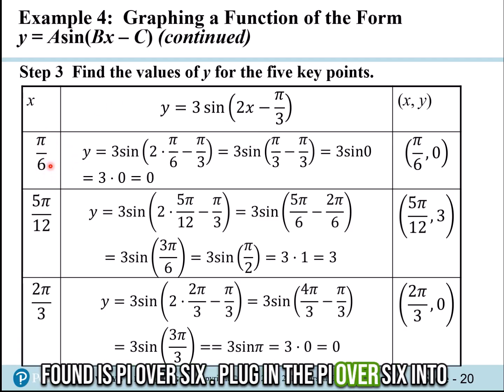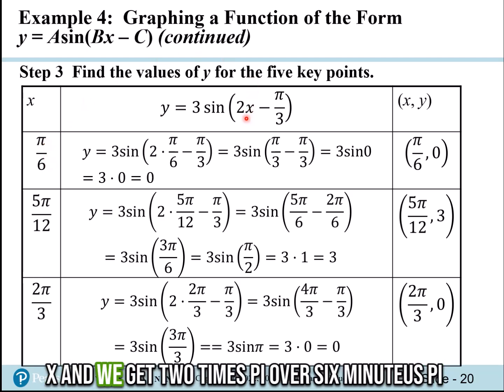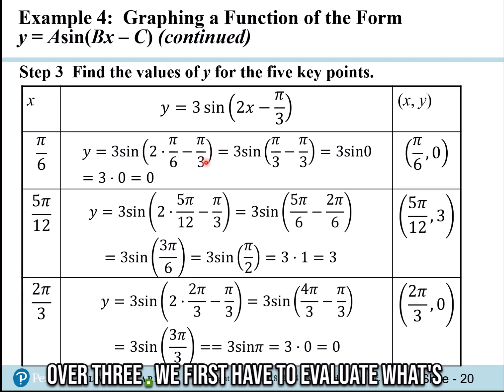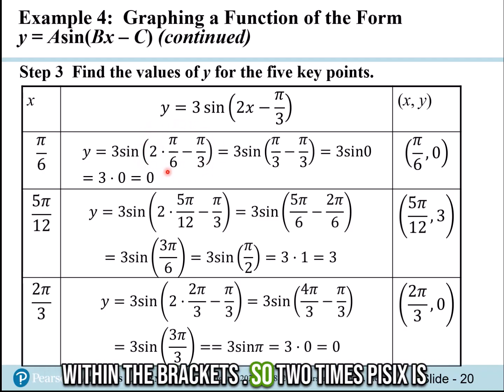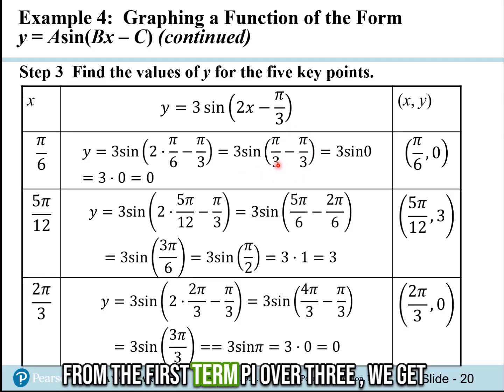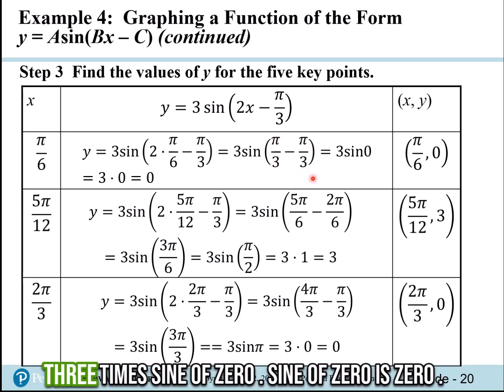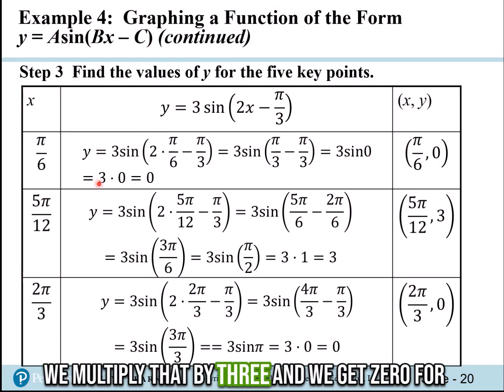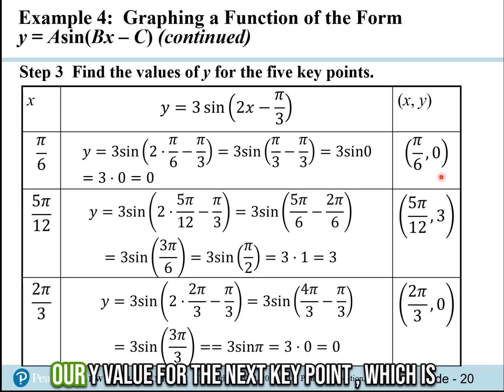Plug in the pi over 6 into x and we get 2 times pi over 6 minus pi over 3. We first have to evaluate what's within the brackets. So 2 times pi over 6 is pi over 3. And then when we subtract pi over 3 from the first term, pi over 3, we get 3 times sine of 0. Sine of 0 is 0. We multiply that by 3 and we get 0 for our y value.